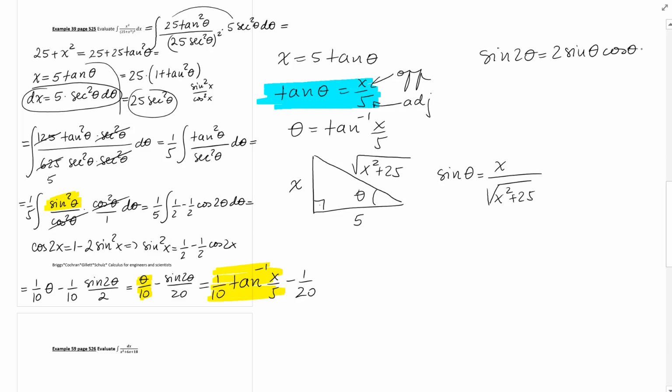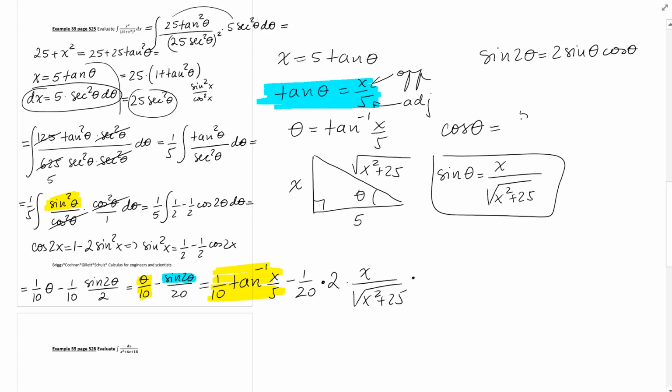So in our case, I'm replacing this piece. I already used the 20. 2 times sine of theta, but sine of theta is x over square root of x squared plus 25, times cosine of theta. Well, cosine of theta, it's the adjacent side over the hypotenuse.